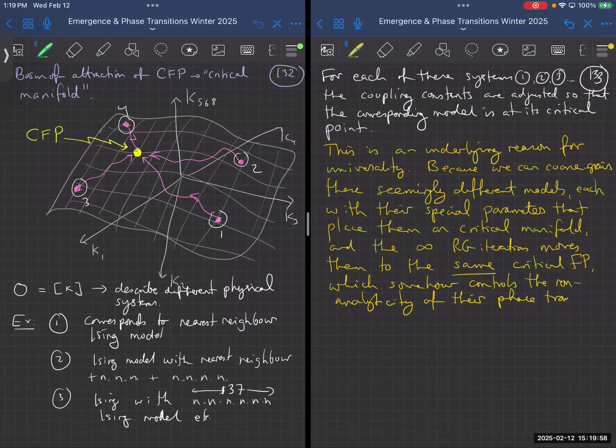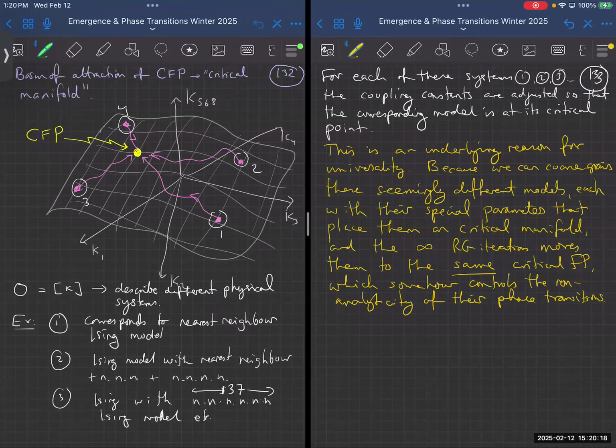Now, I haven't told you how the properties of the critical fixed point control the phase transition properties. We're going to get that a little bit later, but this is part of the reason for universality.